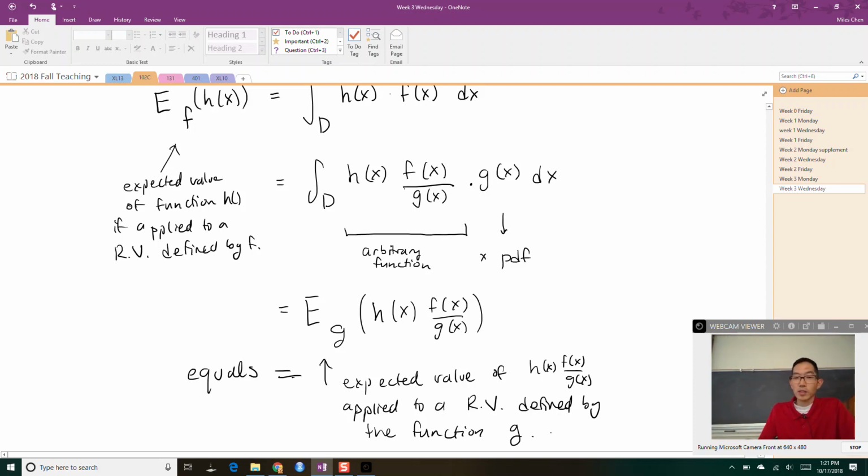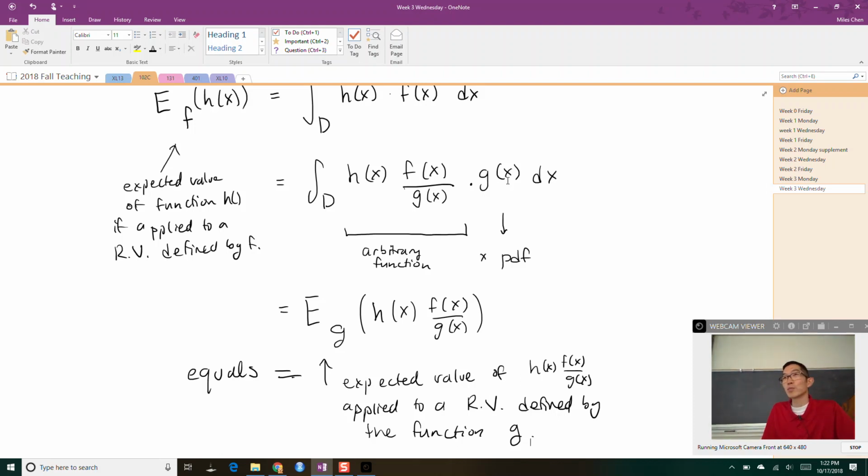Is that okay? So now we've avoided the problem. We couldn't generate values from f of x, so we're going to generate values from g of x instead, okay? So we say f of x, for whatever reason, is a PDF that I don't want to generate values from. Fine. What are you going to generate values from?